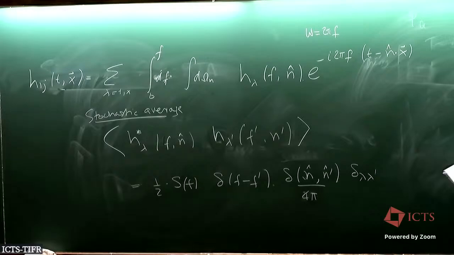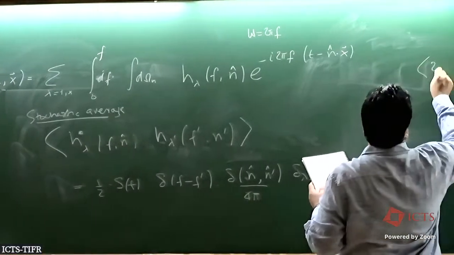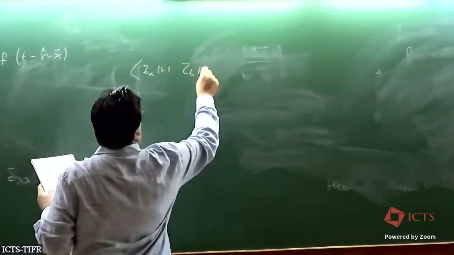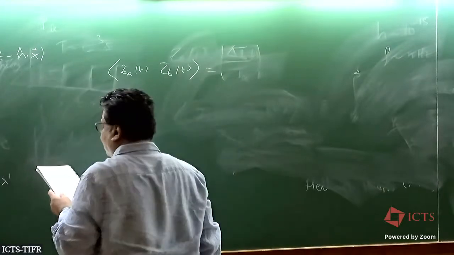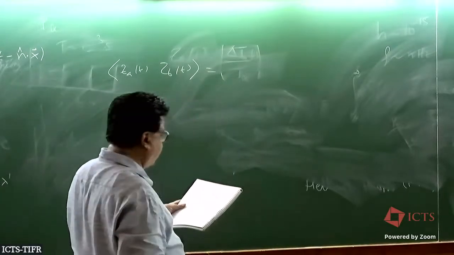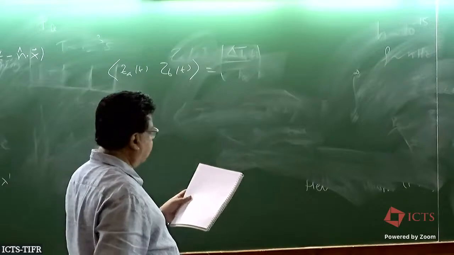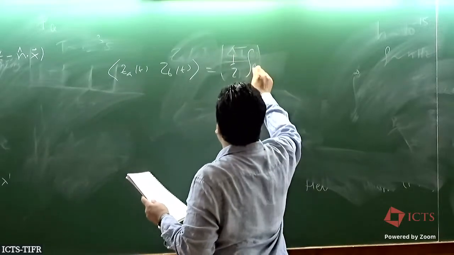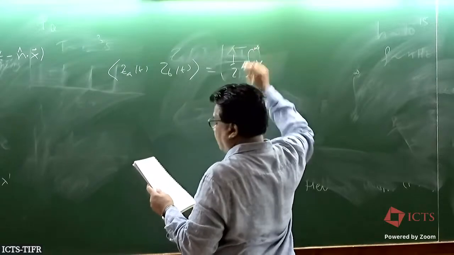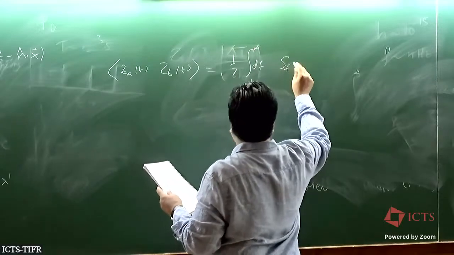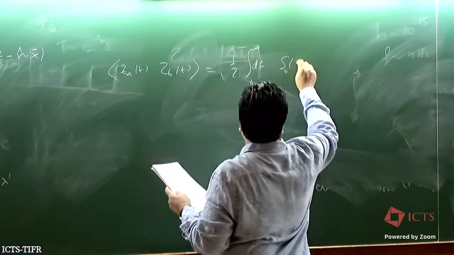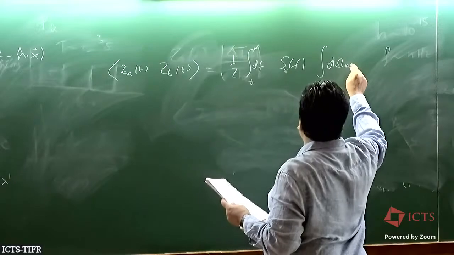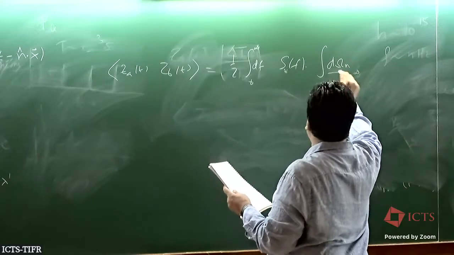Okay, so the final answer is that Z_A T. So we use the fact that the time average is the frequency average. This is half integral df of S of f, integral d omega n upon 2 pi.